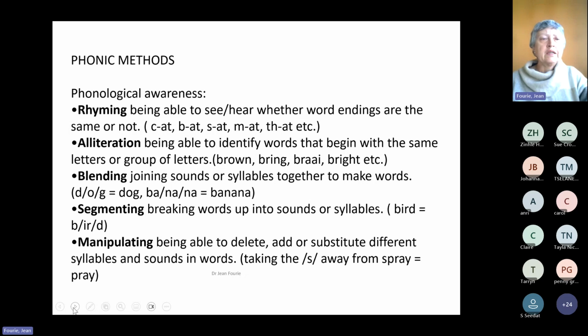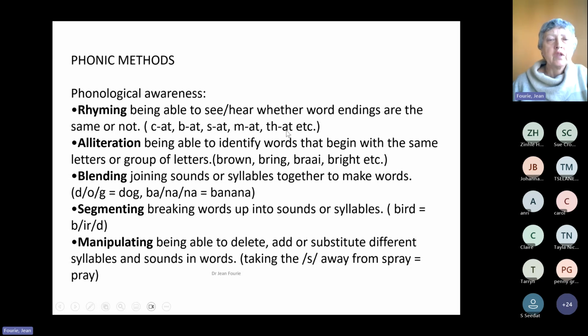So if we look at phonic methods, we're going to use these mostly for the regular words because we have to have this clear correspondence between what we hear and what we write down. So we do a lot of rhyming word endings that are the same, such as at, at, at, that.